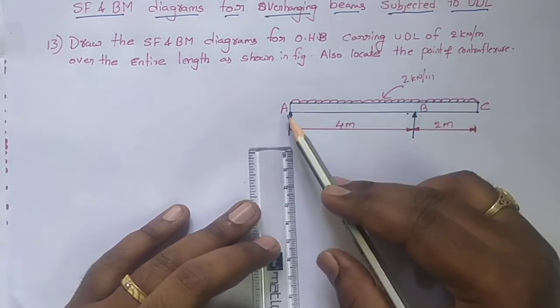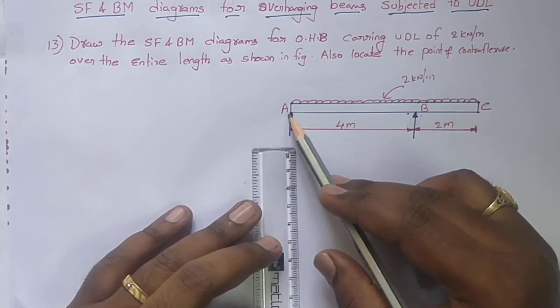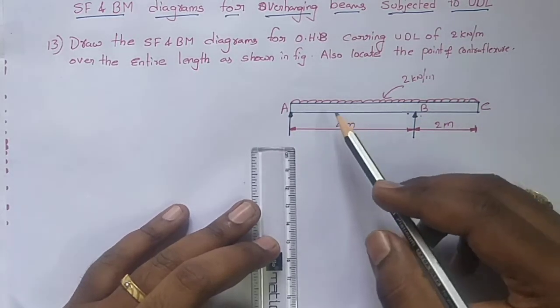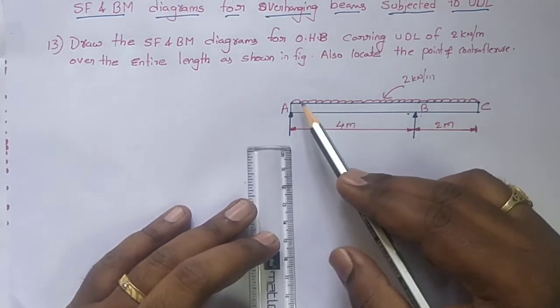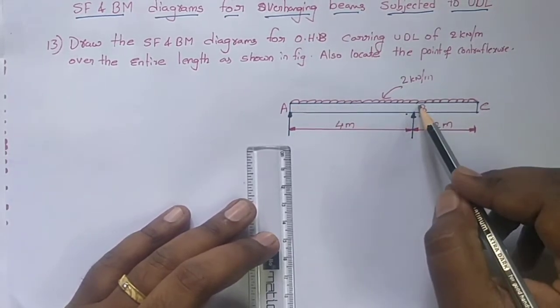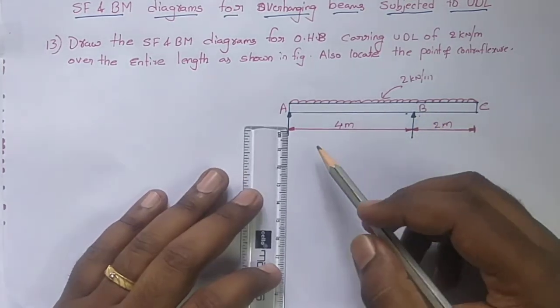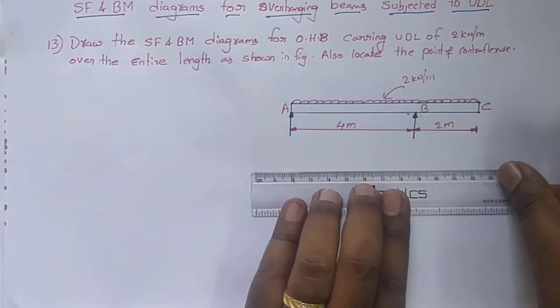We need to find the shear force and bending moment values at points A, B and C. Here I am dividing the UDL load into two cases, from A to B one UDL and B to C another UDL. For that, first I am drawing the beam.